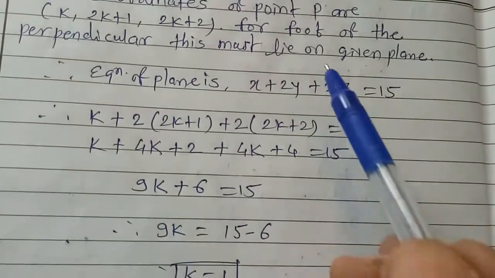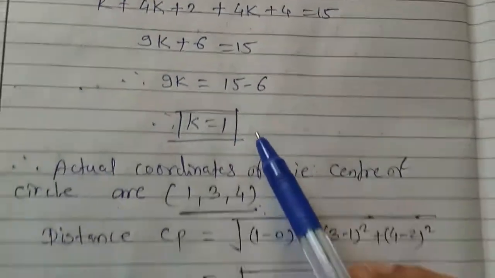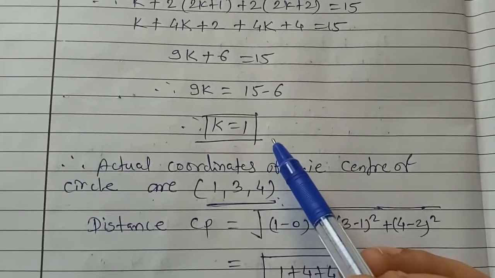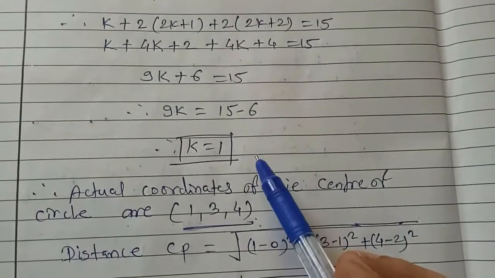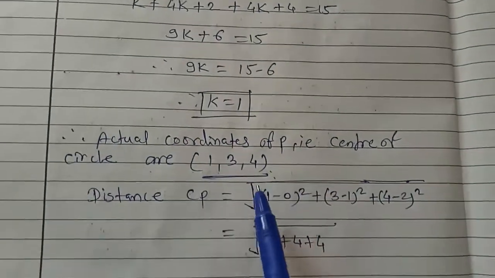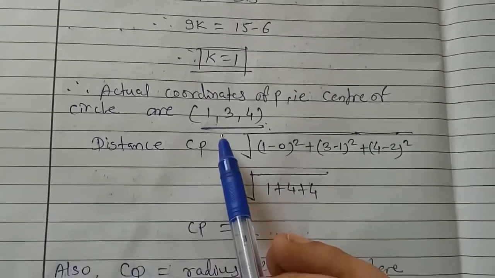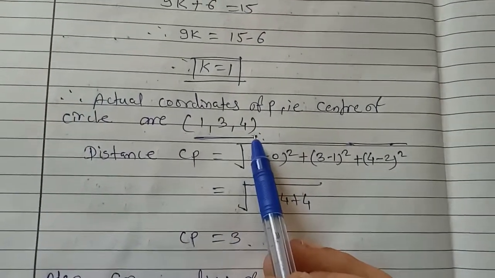From this we can find the value of k. So the value of k is equal to 1. If we put k equal to 1 in the coordinates, the actual coordinates of point P, the center of the circle, are 1, 3, 4.